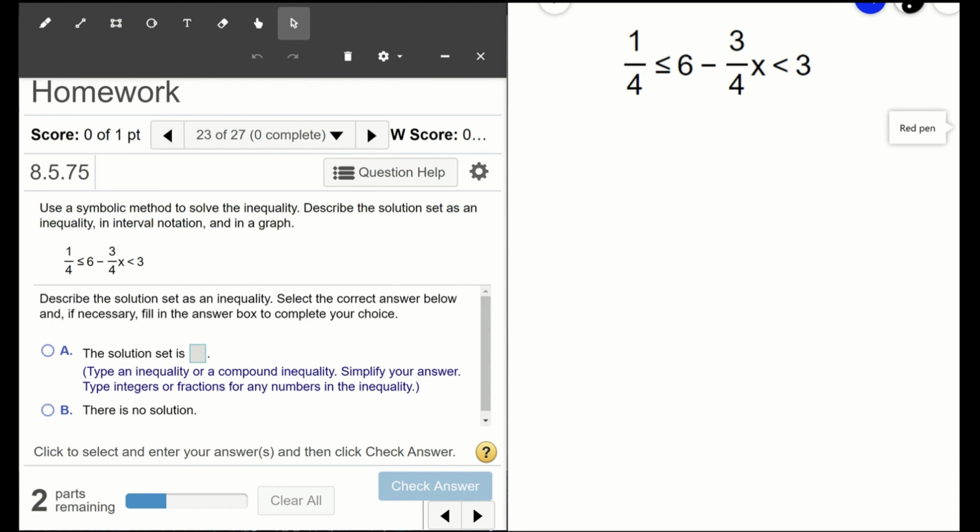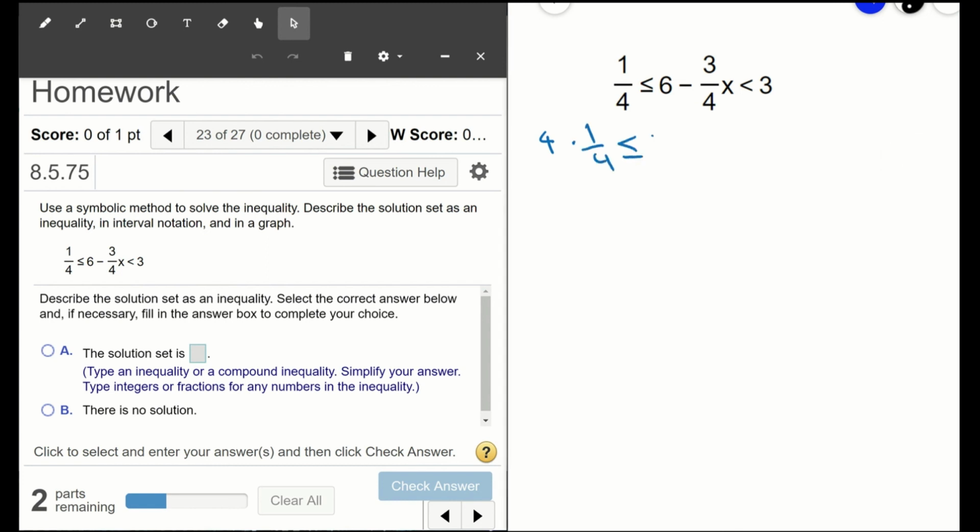So we end up with 4 times 1/4 less than or equal to 4 times 6 minus 3/4 x less than 4 times 3.